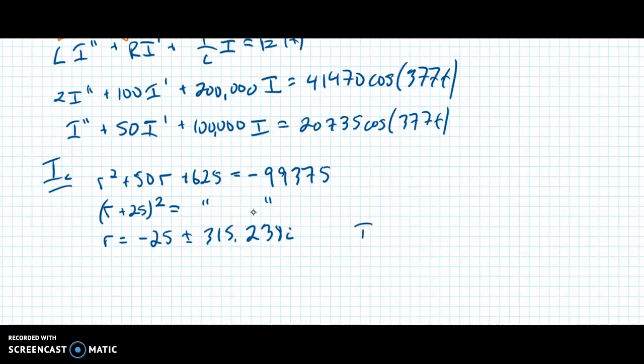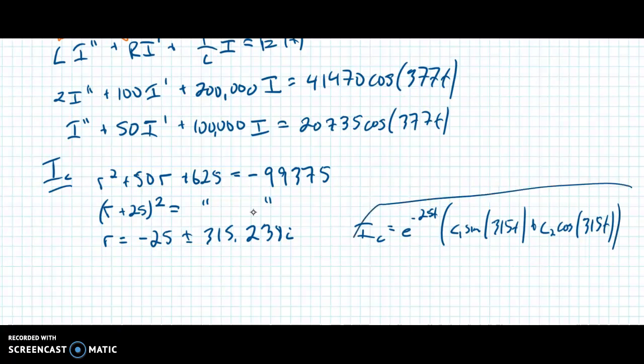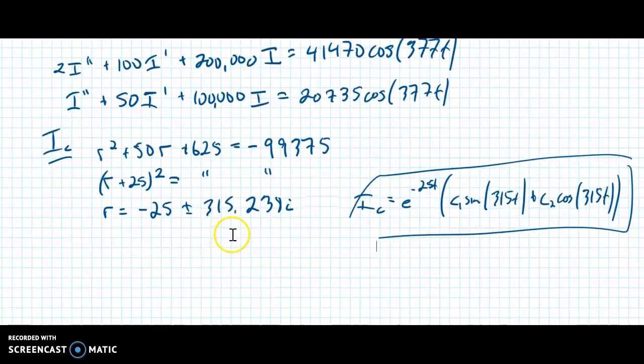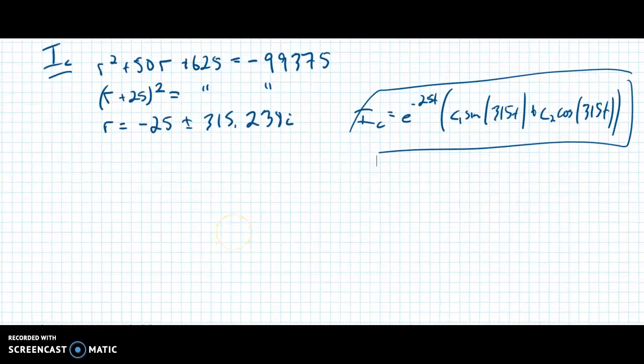So I_C is equal to e to the negative 25t times C1 sine of 315t plus C2 cosine of 315t. Now I have to do the undetermined coefficients work, and this is where it gets big numbers, but nothing different from everything we've been doing.